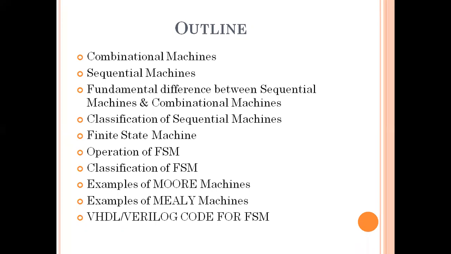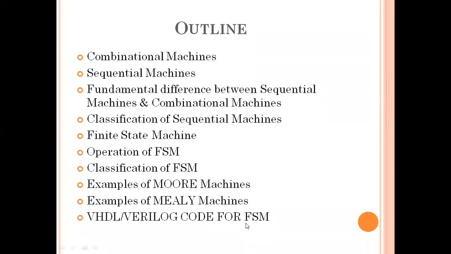The output of this system must be strictly a function of the inputs, right? That is one of the properties of combinational machines. The second important property is that no feedback path can exist from the output to the input.